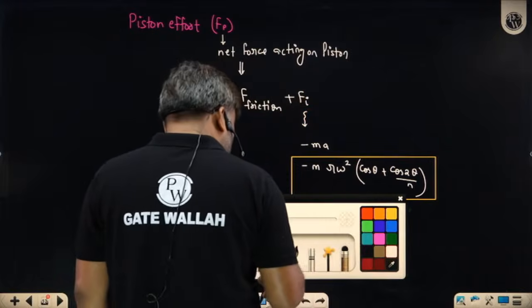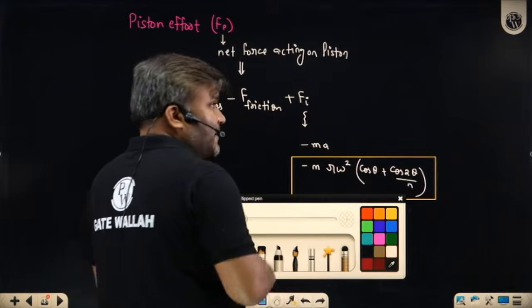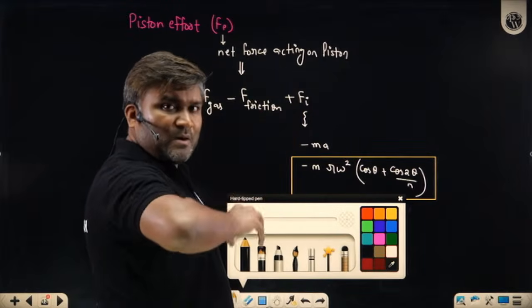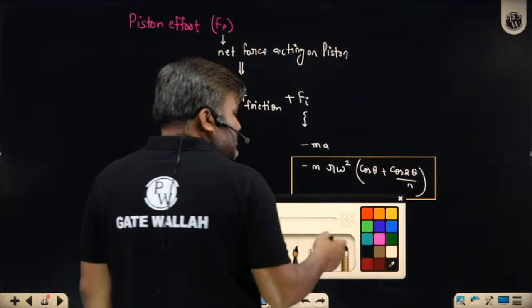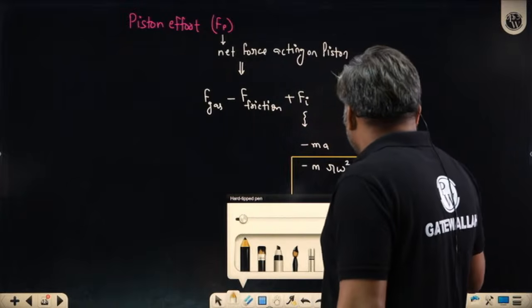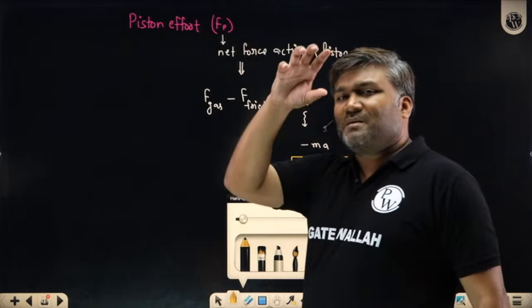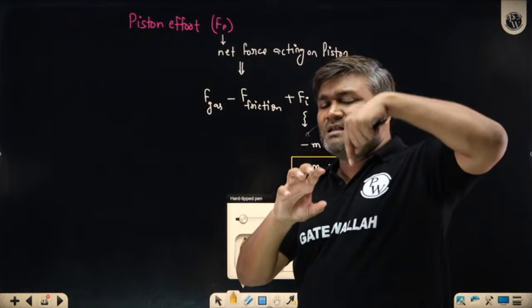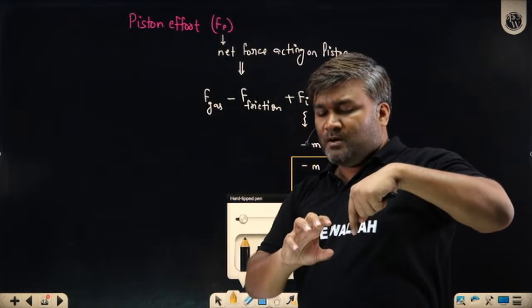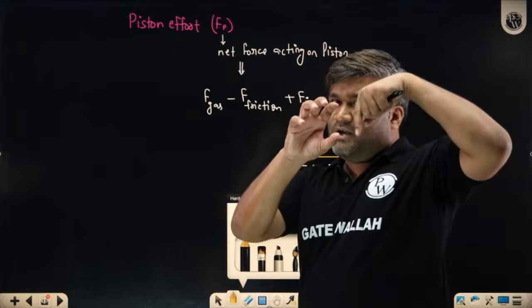And sometimes if we are talking about a vertical engine, if my piston is moving in an up-down situation, I have to consider weight also. If your piston is coming down, the weight is supporting this motion. But if it is moving up, the weight is in the opposite direction.